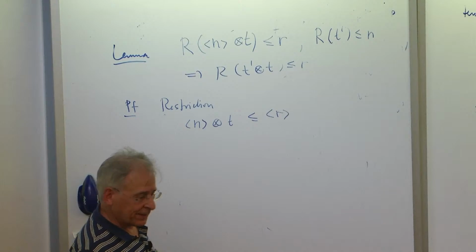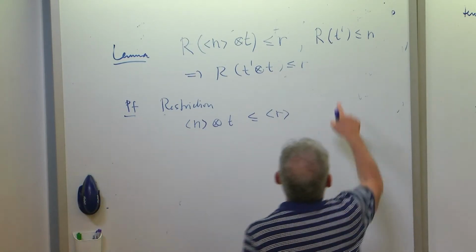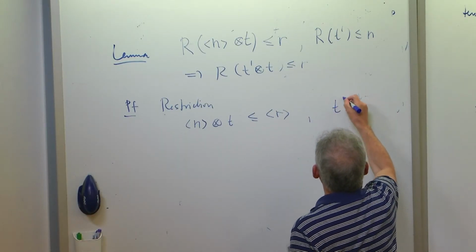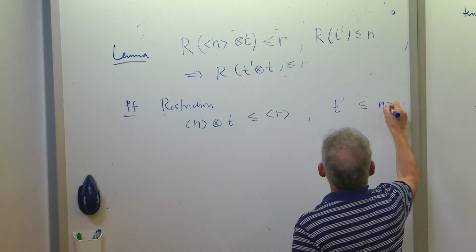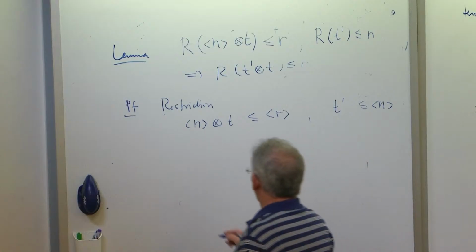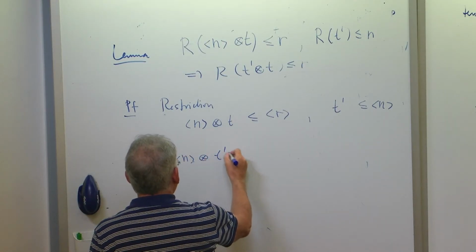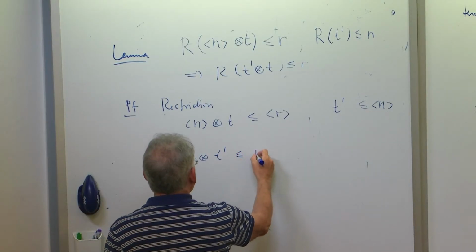This is just a rewriting. And this means T prime is less than or equal to this. And I said the restriction is compatible with tensor multiplication. So therefore, it's like in algebra, right? This is less than or equal to N times.